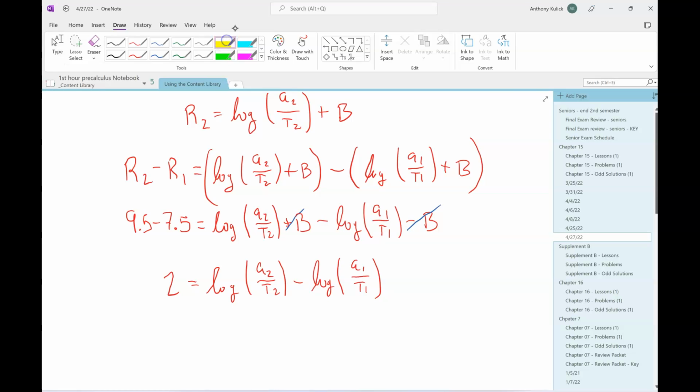So I notice that I have the difference of two logs here. What property can I use in this case when I have two logs that are being subtracted? Thank you, the quotient property. Very good.